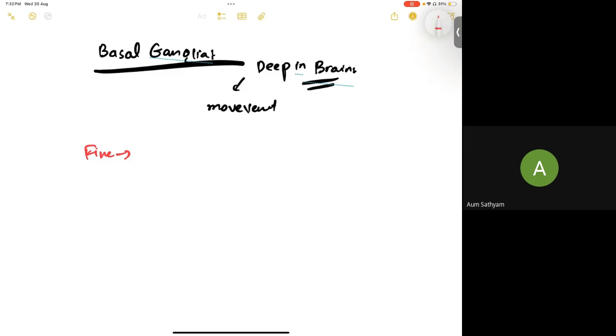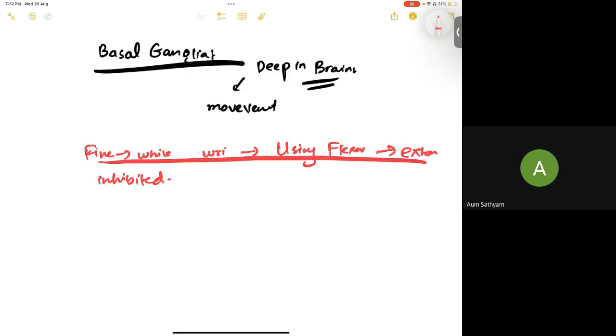For example, while I'm writing, I'm using flexors of the fingers, and at the same time the extensors of the fingers are inhibited in order to have proper movement. This flexion and, at the same time, inhibition of the extensor is where basal ganglia plays an important role. So basal ganglia is really important for undergoing a proper smooth motor activity, right?